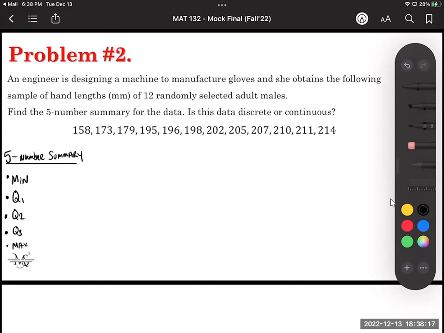So the minimum and maximum are of course going to be the smallest and largest values. For Q1, Q2, and Q3, those quartiles, let me define them. The way that I define this is that you first got to find Q2. After you find the min and max, you go and find Q2. So Q2 is the median of the entire data set.